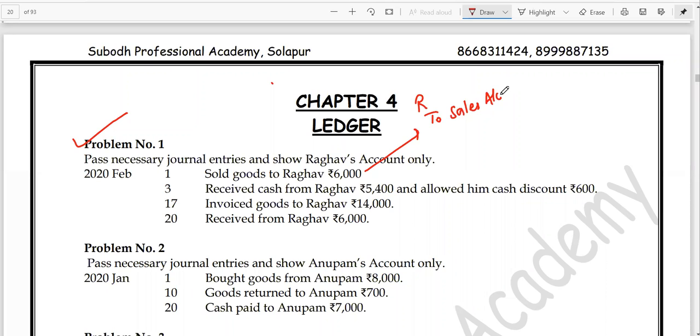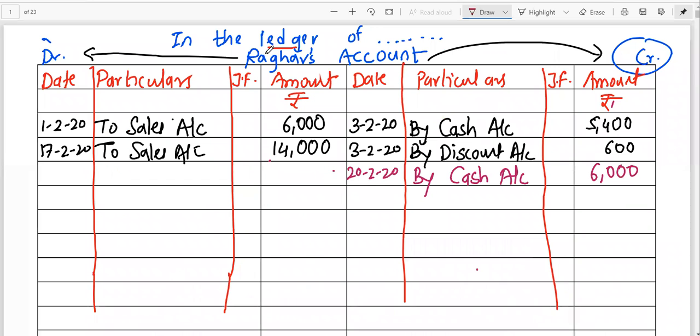How will you post this to Raghav's account? In this entry, we have debited Raghav's account. Raghav's account debit to sales account means we have debited Raghav's account. Go to the debit side of Raghav's account and write the date, 1st Feb 2020. And on the debit side of the account, we write 'To'.